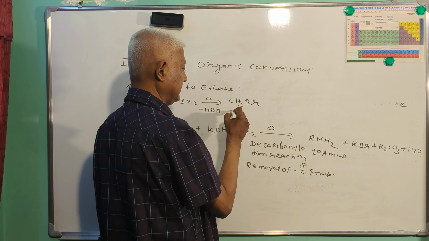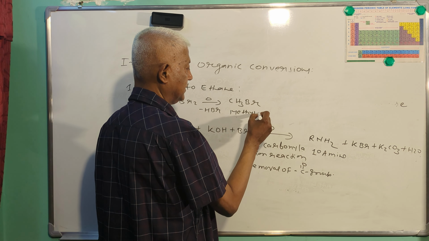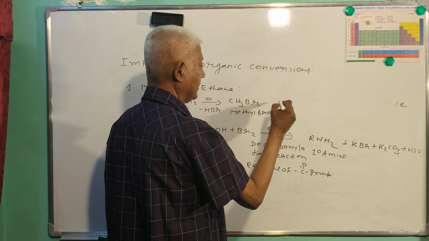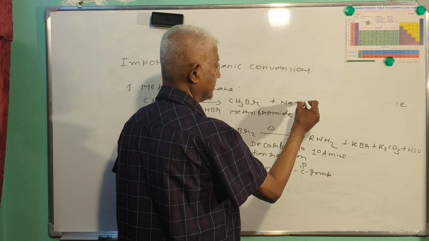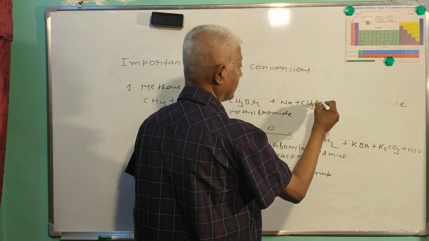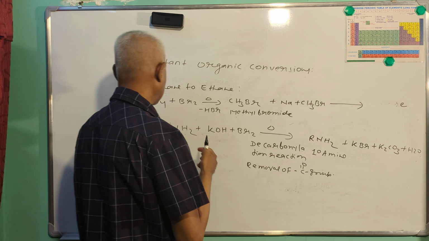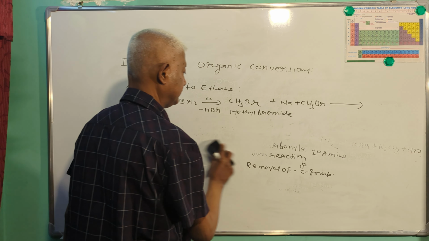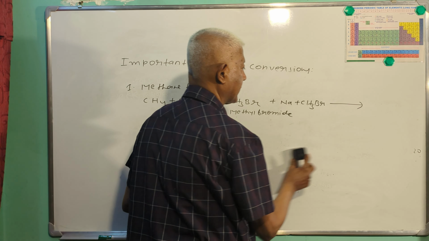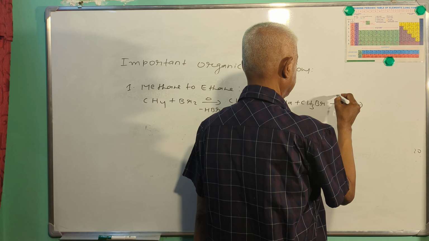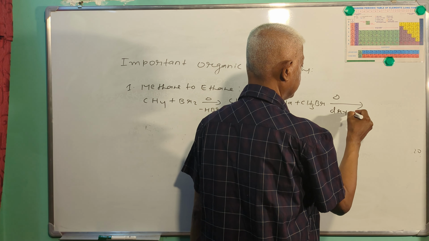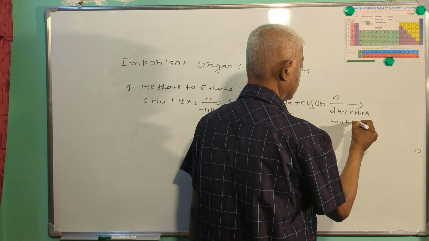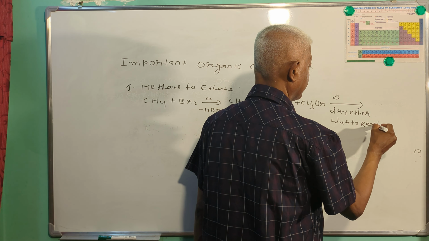So what we get is methyl bromide. Then the Wurtz reaction is used for increasing the carbon atoms. CH3Br with sodium in dry ether is also known as the Wurtz reaction.